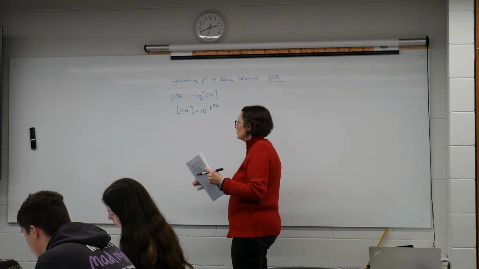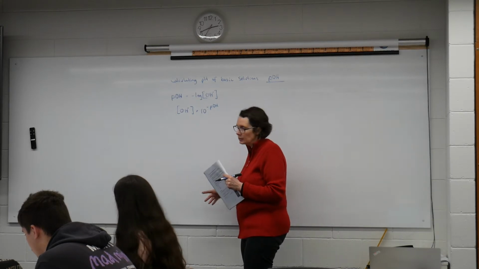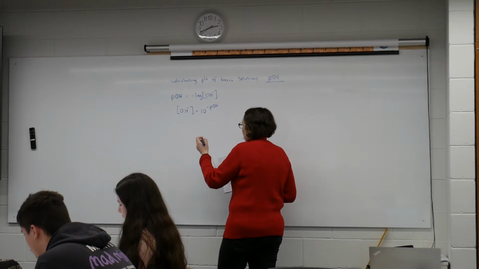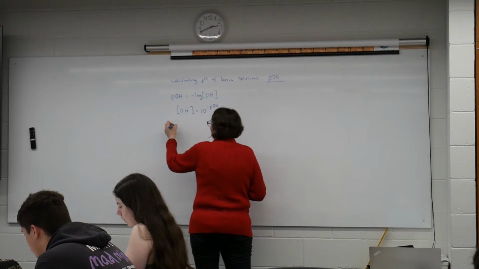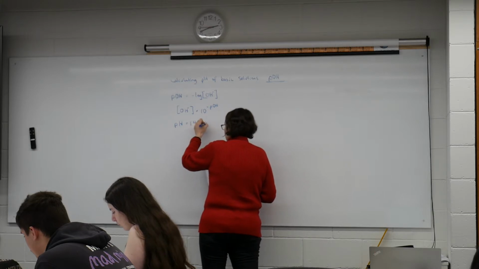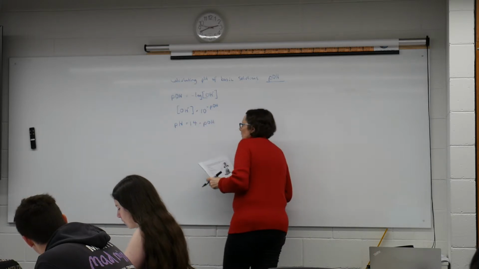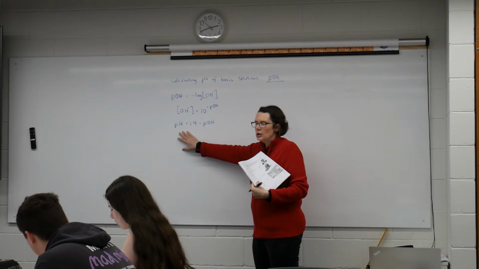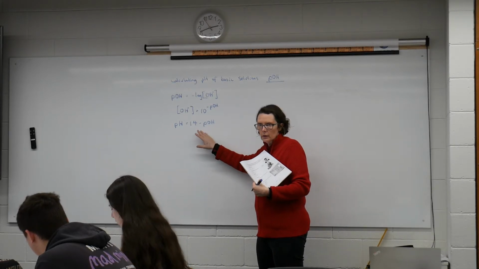We can actually end up with acids that are lower than 0, but that caps us at 14. And so if we calculate the pOH, we can find the pH by subtracting that number from 14.